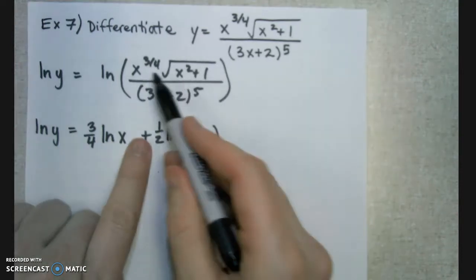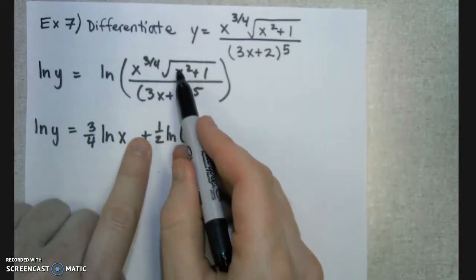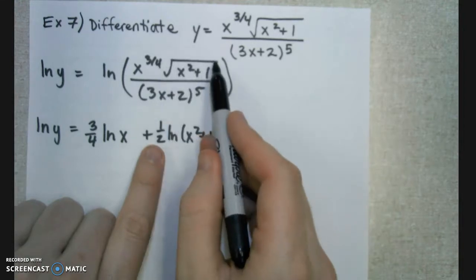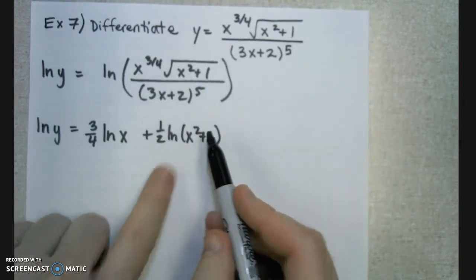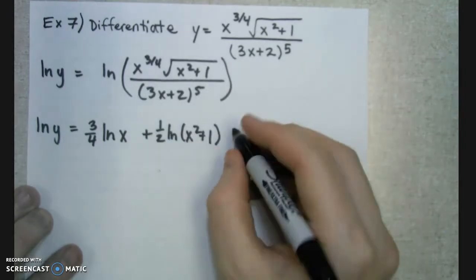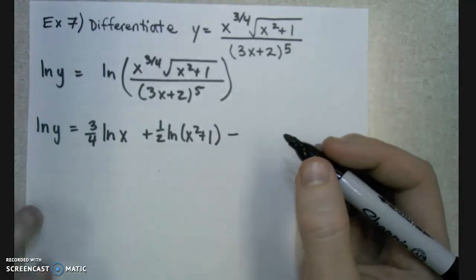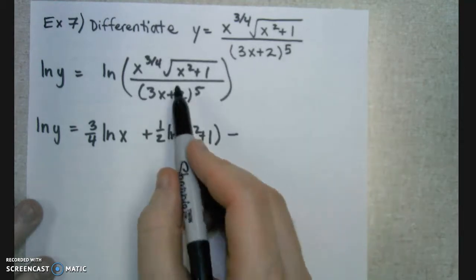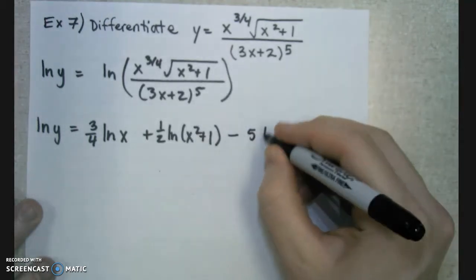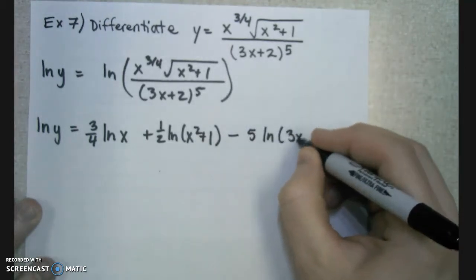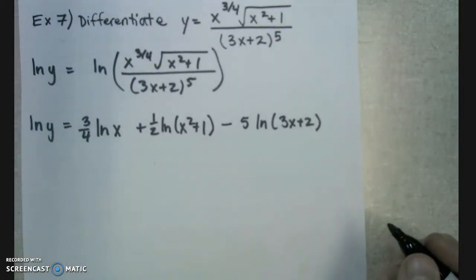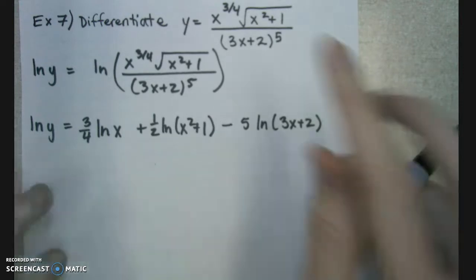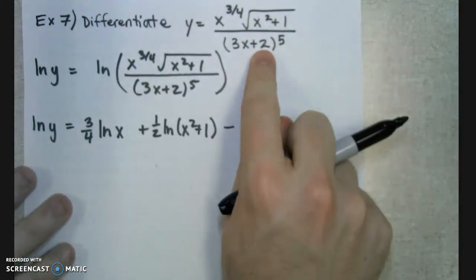I added, because we're multiplying, and I took the square root and made it a 1/2 and brought that in front. And so that's the top. The bottom, then you subtract for dividing, and that 5 will go in front. And so that is fully expanded out. And actually, to me, looks a lot easier than doing what we would have done up there.